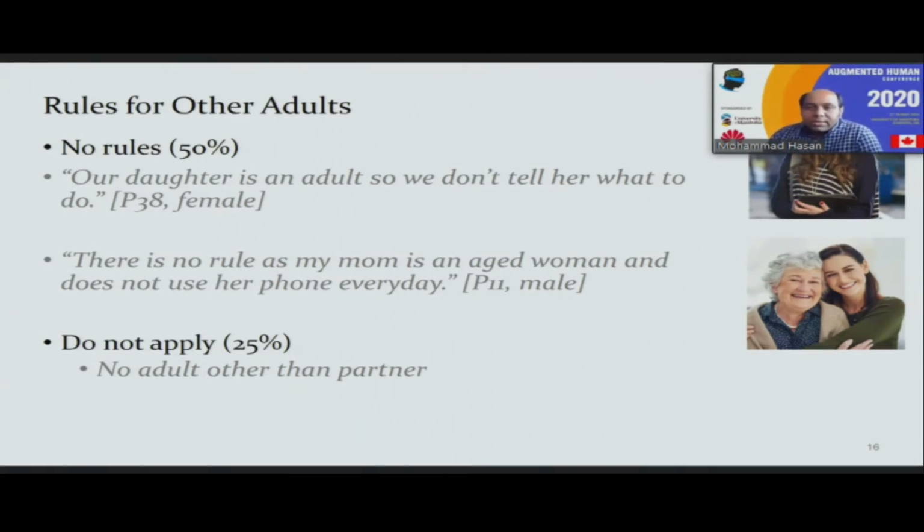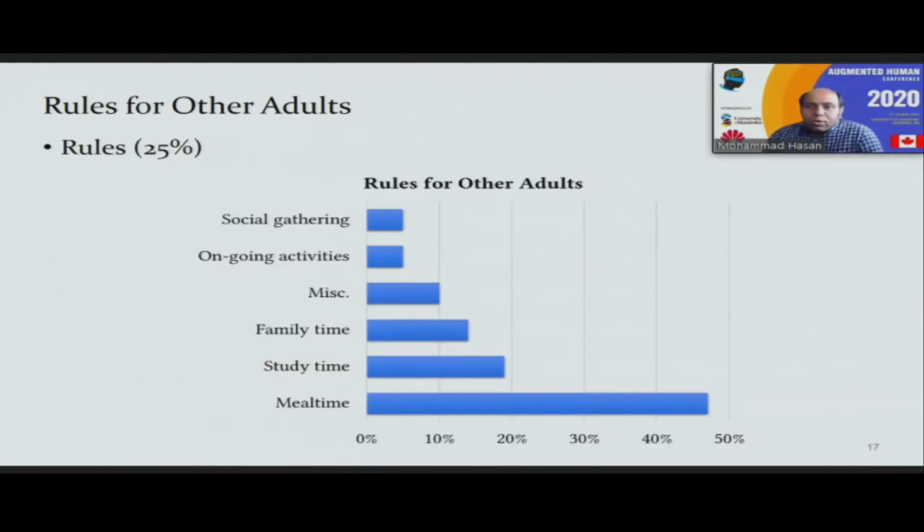They believe that their adult household members are mature enough or have mutual respect, and that's why they do not follow any formal smartphone rules. 25% of the participants said that it did not apply to them, as they do not have any older adult other than their parents living in their household. So these are the common responses; the remaining 25% provided rules.